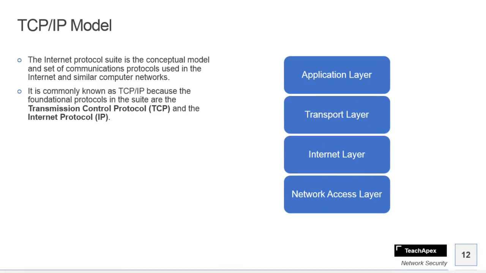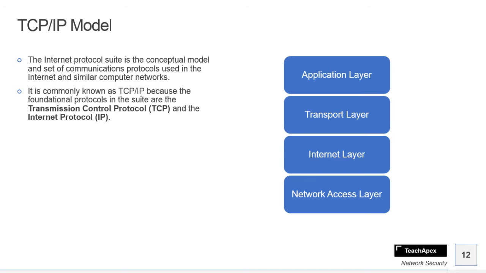Next, we are talking about TCP/IP model. So as you can see here in TCP/IP model, we have 4 layers. This model was created in the 1970s by the Defense Advanced Research Project Agency, that is also known as DARPA, as an open, vendor neutral, public networking model.